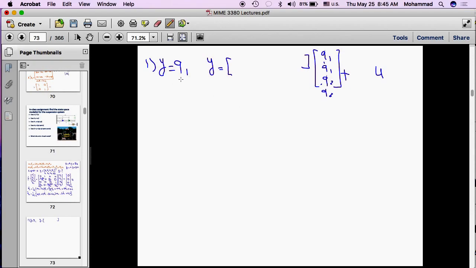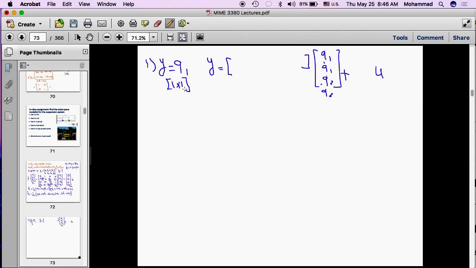What is the dimension of Y? Y is just a single number. So what is the dimension of a scalar? It's not a vector. This is a very good conversation. The dimension here is 1 by 1, so it has 1 row, 1 column. Can you see that?